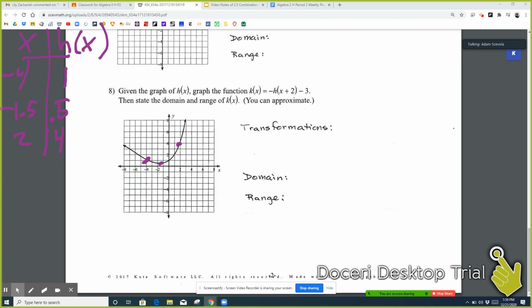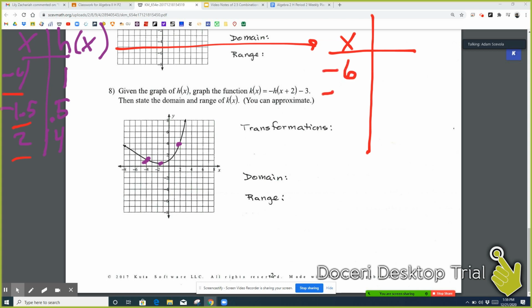All right, now to understand why we're doing the transformations in a certain order, this will help you understand that. So first thing I'm going to do is subtract 2 from all of these x values. So I get -6, -3.5, and 2.